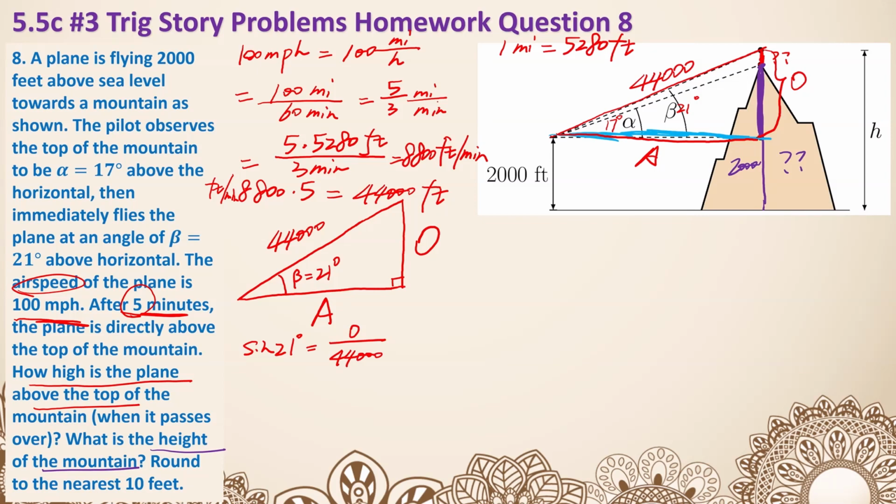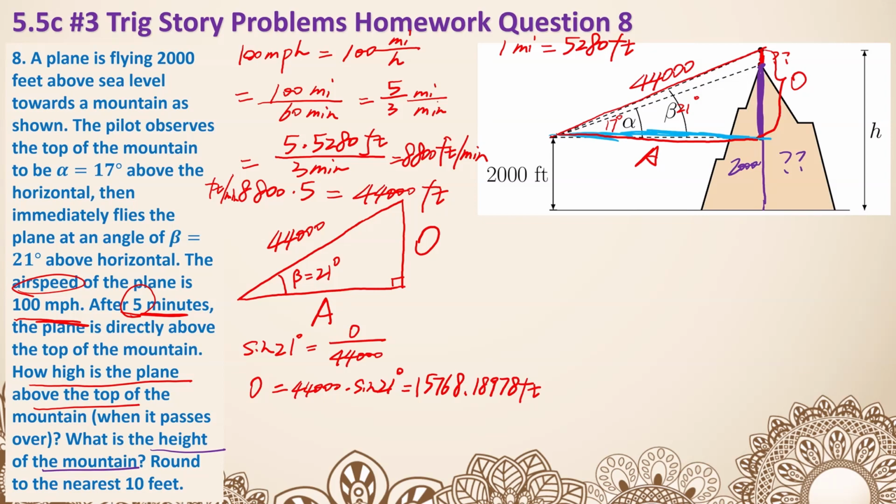Multiply both sides by 44,000. So opposite is 44,000 times sine 21 degrees, which is going to give you 15768.18978. I'm just writing down all the digits from the calculator and then I'll round my final answer.